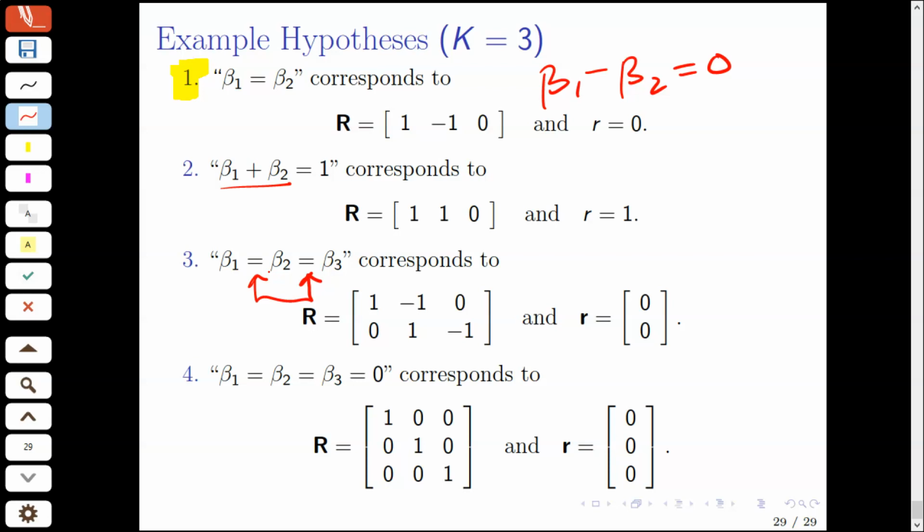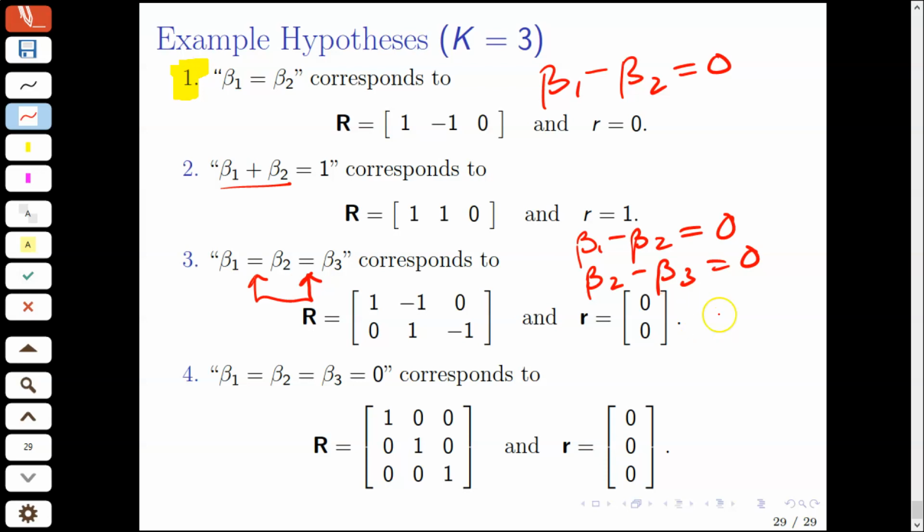But in order to get that in a format suitable for Wald testing, we can write the first restriction as beta 1 minus beta 2 being 0, and the second restriction as beta 2 minus beta 3 being 0. In matrix form, it yields an R of 1, minus 1, 0, and 0, 1, minus 1. And again, the right-hand side is a big fat 0, except that there are now two of them, since we're dealing with two restrictions. A word of caution here.